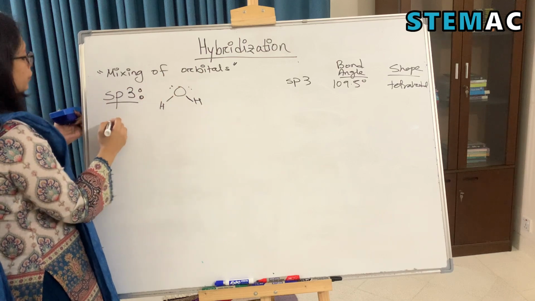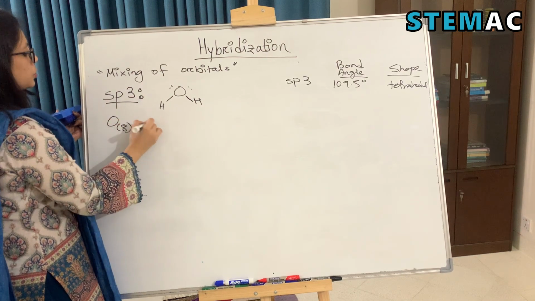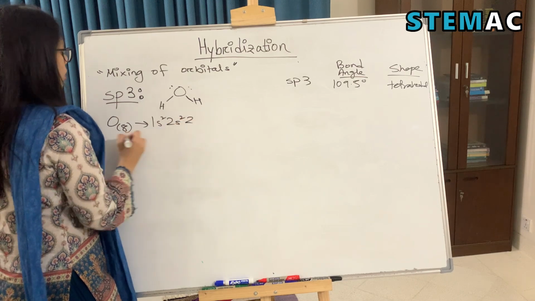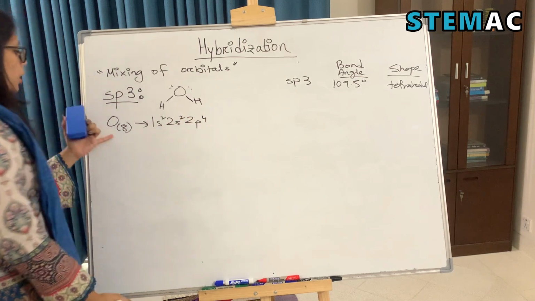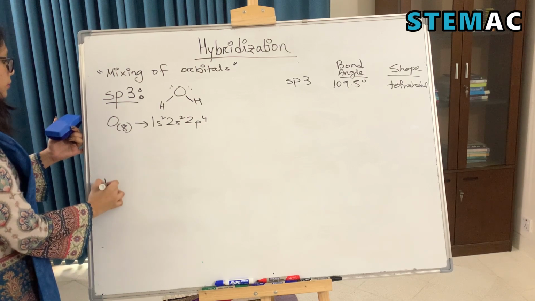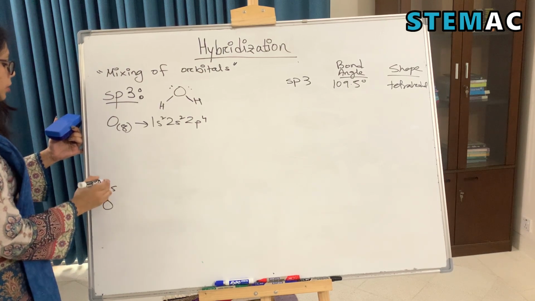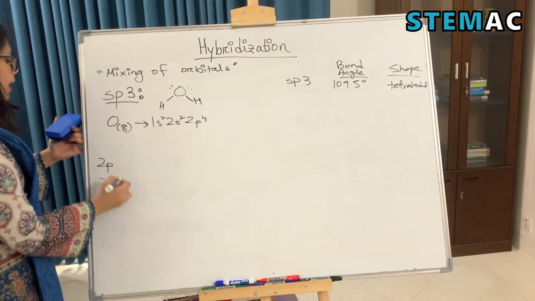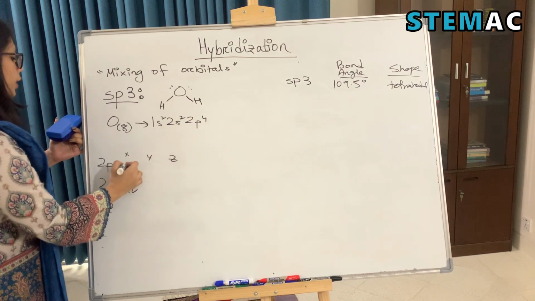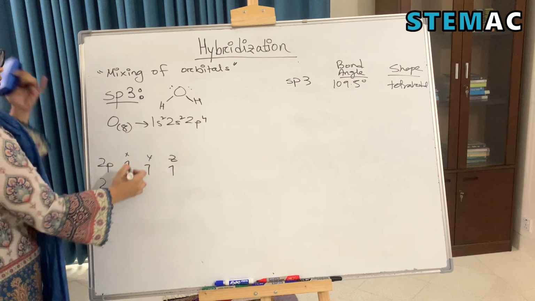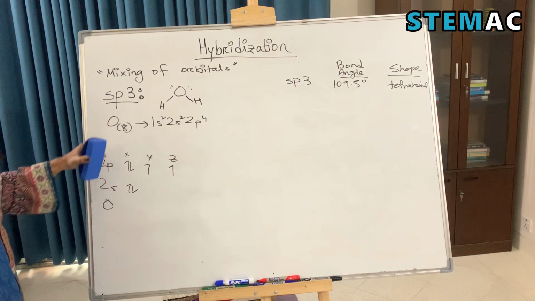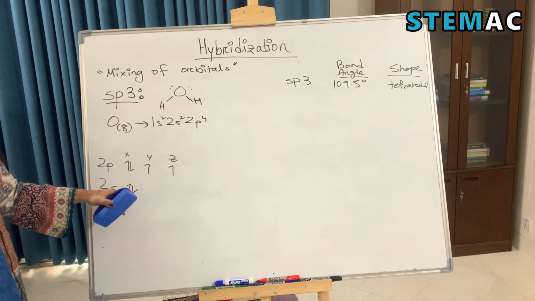And we know that oxygen has 8 electrons, so let us quickly write down the configuration of oxygen. So we can see that in the ground state, oxygen has, in its 2s and 2p orbitals, 4 electrons in the 2p.